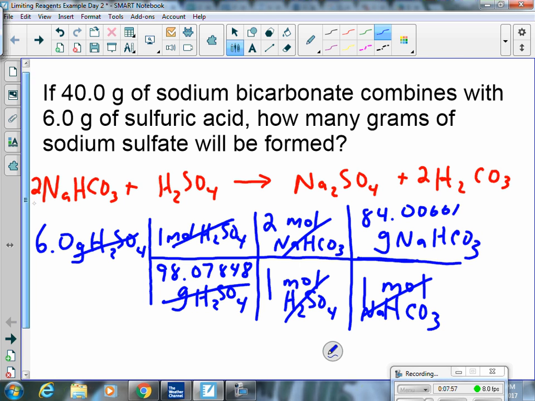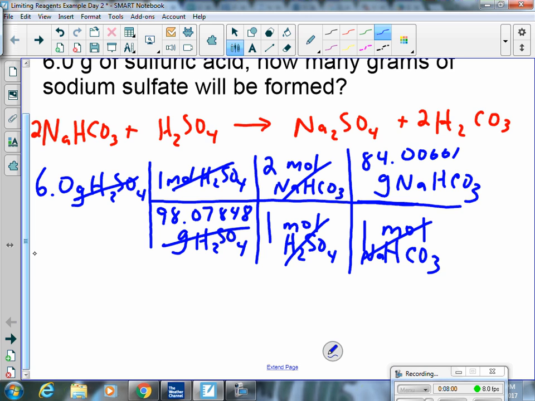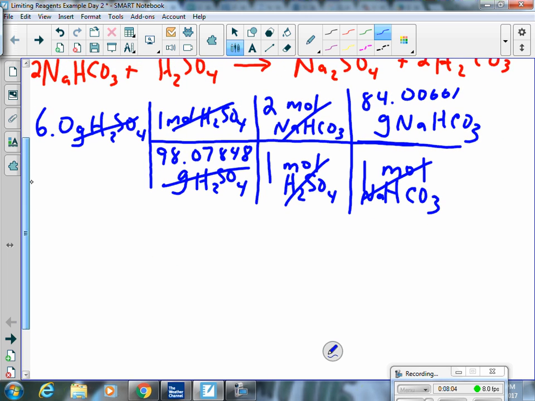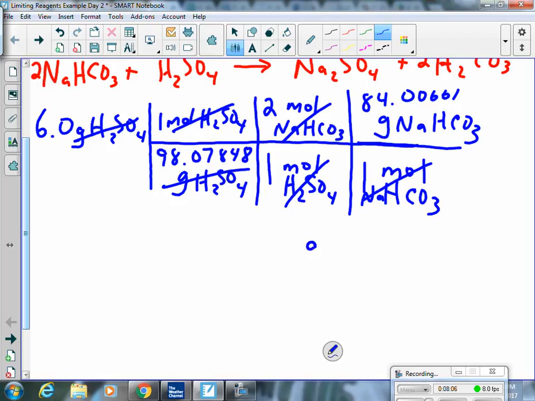So when I do my math for this particular one, I'm going to have my final label be grams of sodium hydrogen carbonate, or sodium bicarbonate.